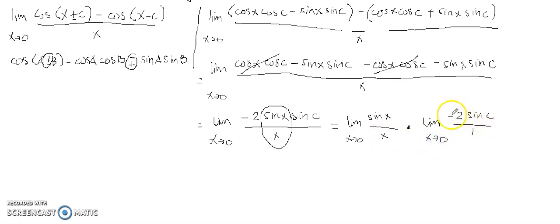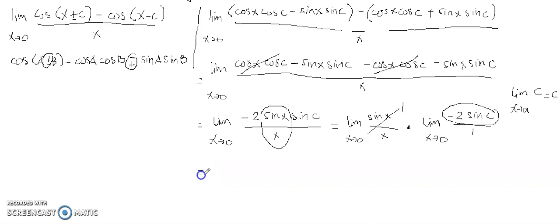Now, negative 2 at saka sine c, since c is just a constant, so the whole of this is a constant. So, parang magiging the limit of c as x approaches a is always equal to c. Okay? Ito naman, in-introduce natin, ito equal to 1.